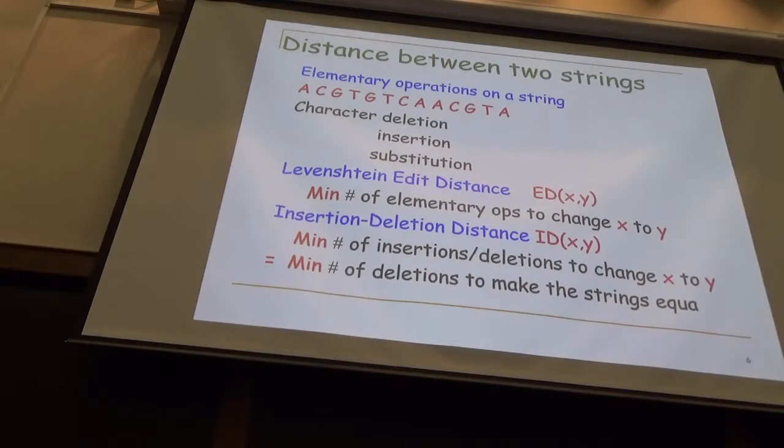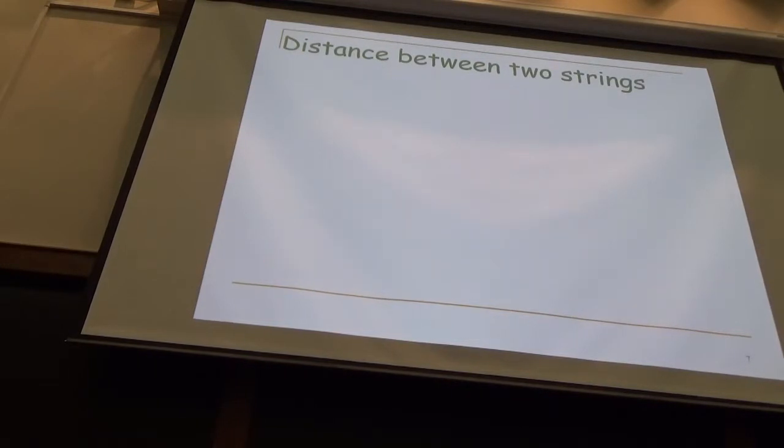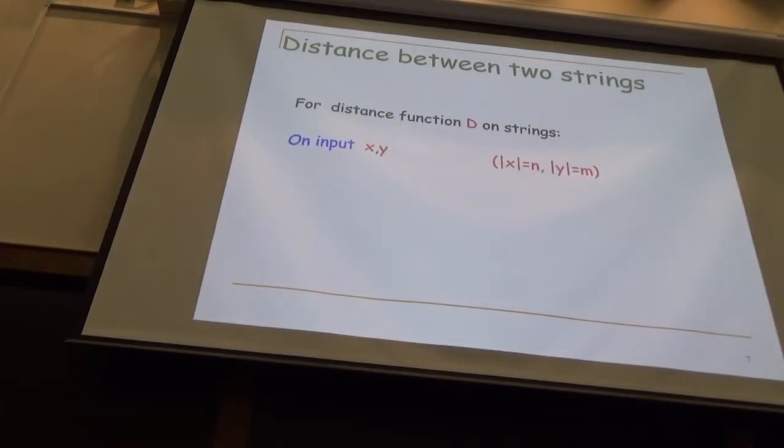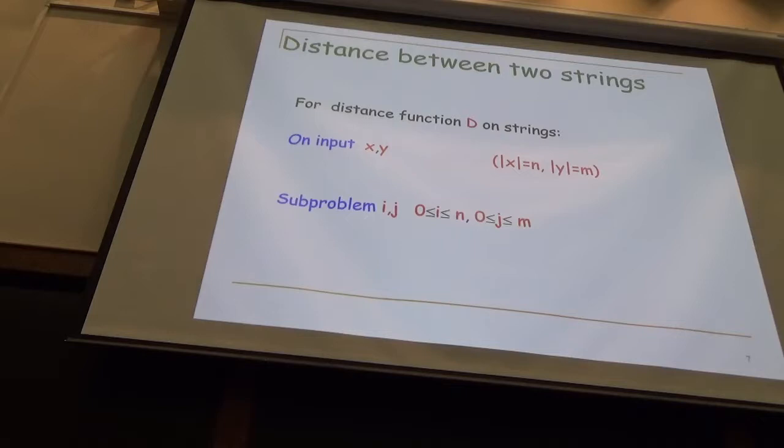And that's equal to the minimum number of deletions on either x or y to make the two strings equal. Okay, so if I have a distance function on strings, whatever it is, then we'll think of the subproblems as prefixes.